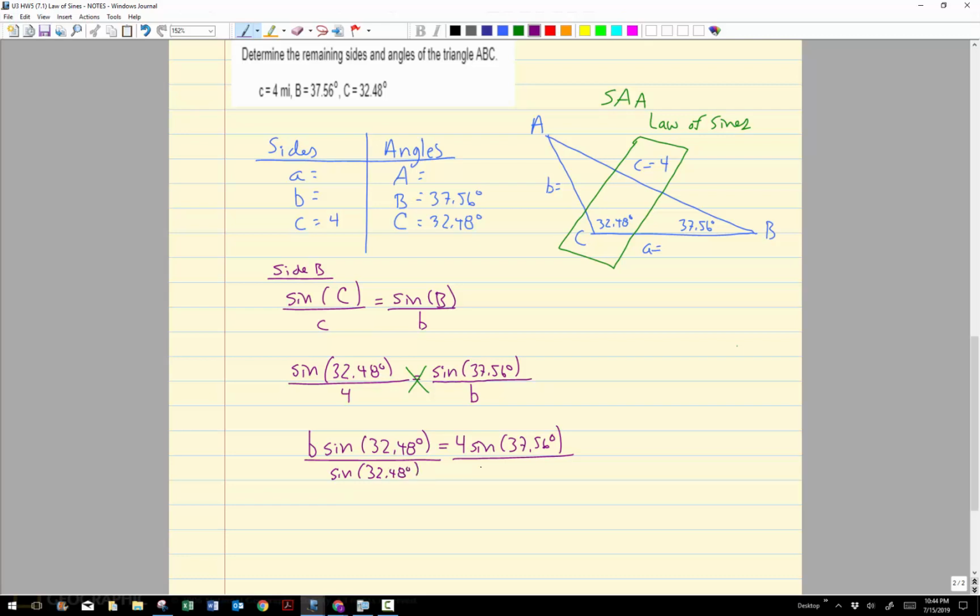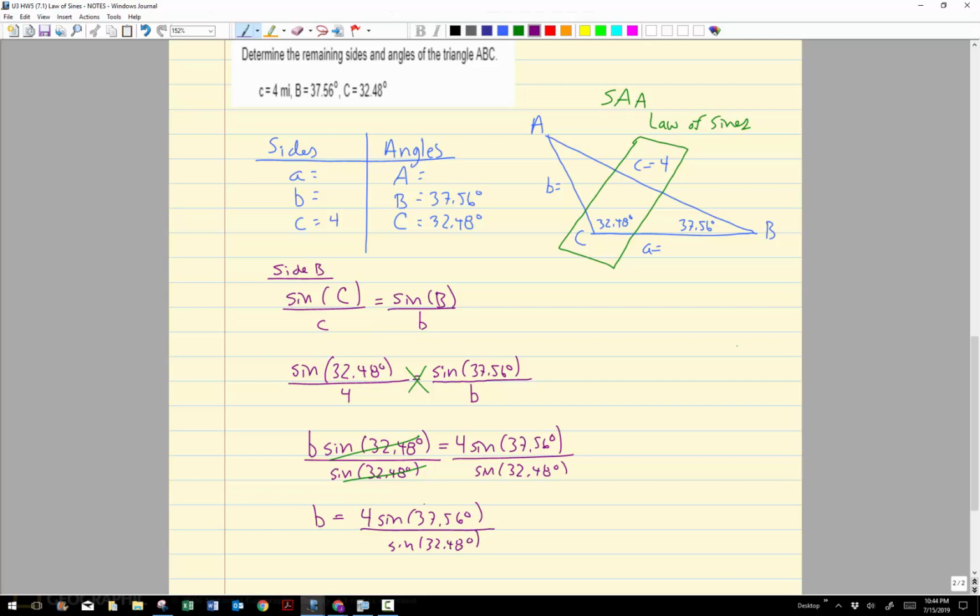And whatever you do to one side, you do to the other, so we're just using some algebra here. So on the left, what happens is I have canceling occurring, and then I'll be left with B is equal to 4 sine 37.56 degrees over the sine of 32.48 degrees.